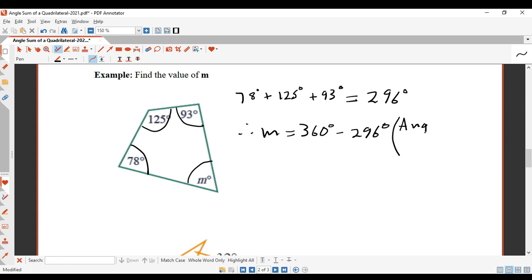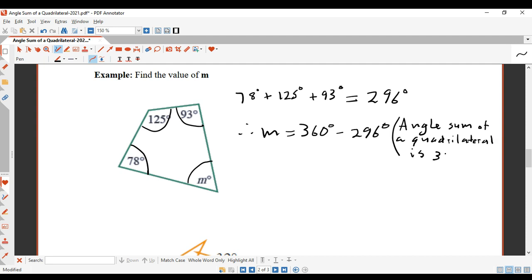The angle sum of a quadrilateral is 360 degrees.